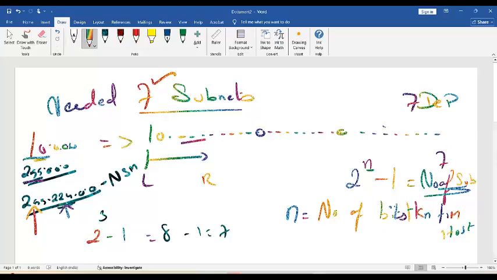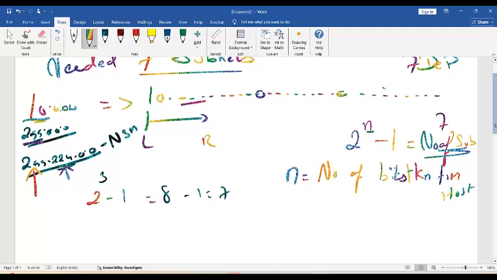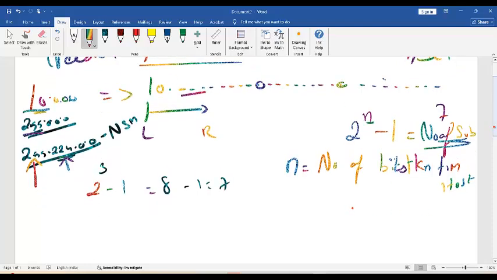3 bits, I'm going to write here. 1, 2, 3. If all these 3 are 0, then it is going to be 10.0.0.0. And the next possibility is 001, which means here it is 1. If it is 1 there, what is the value? 10.32.0.0. Am I right? Is this 32 here? Yes, sir.